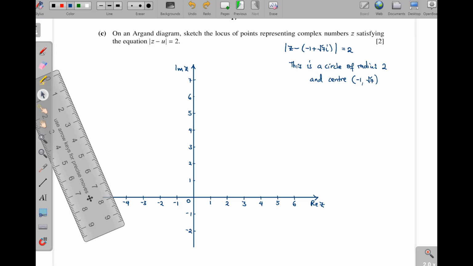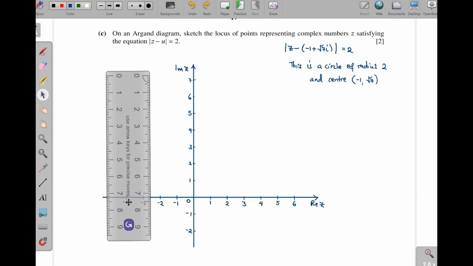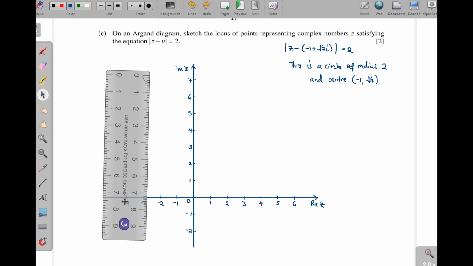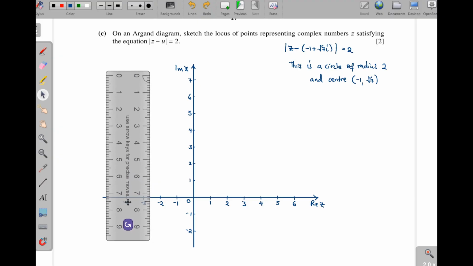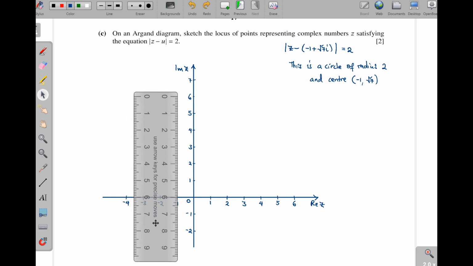And then the center is -1, so I'll put it at -1. When we put it at -1 here, do that, then we move root of 7 up here.